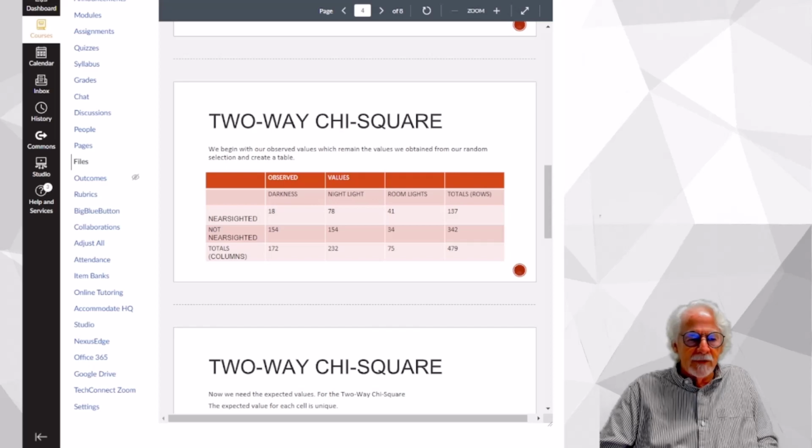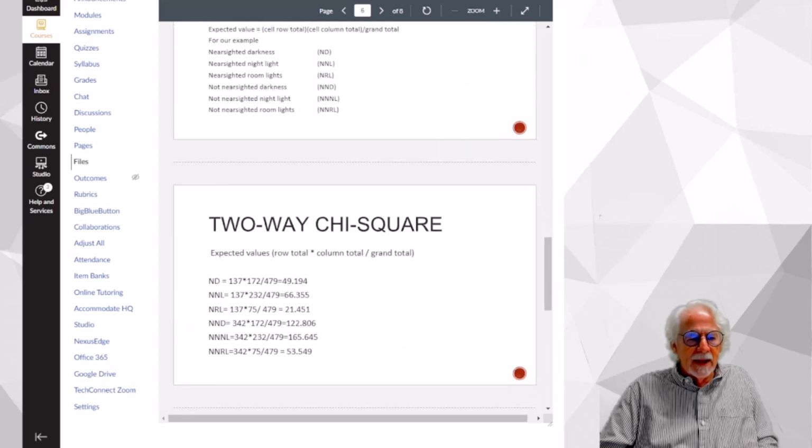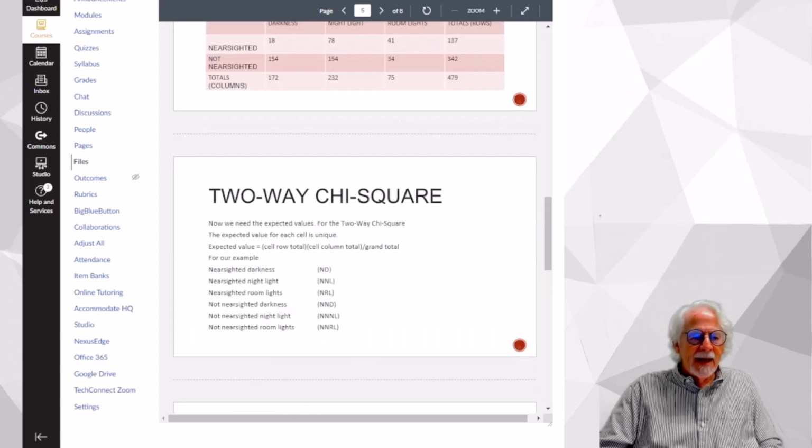So 137 times 172 divided by 479, and that's what I did here, right? And so then I got this, and now this is the expected value for nearsighted people that sleep in the dark. And I did that over and over.